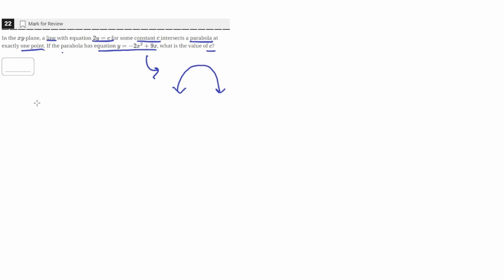And this line, 2y equals c, we can simplify to y equals c over 2. And this is just a horizontal line in the xy plane because c is just some constant. So y equals c over 2 is just some horizontal line.